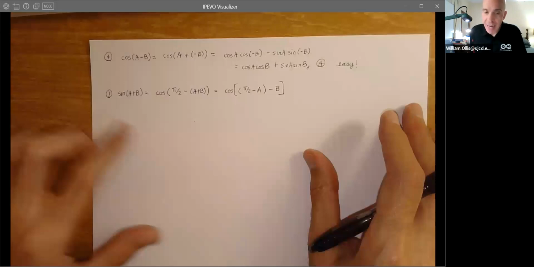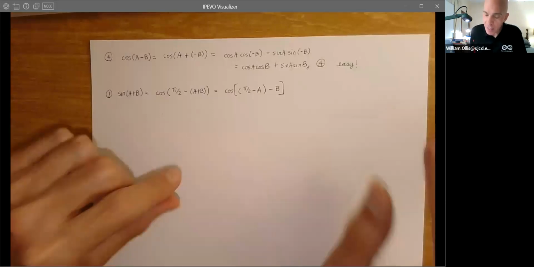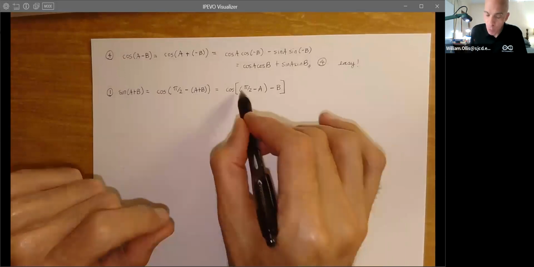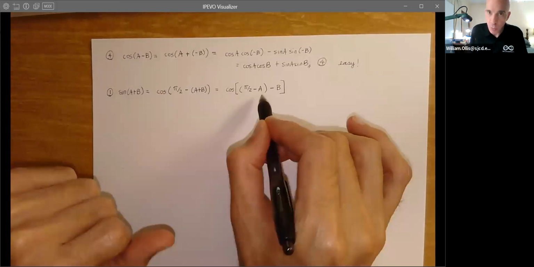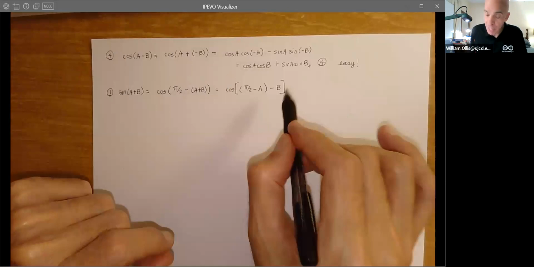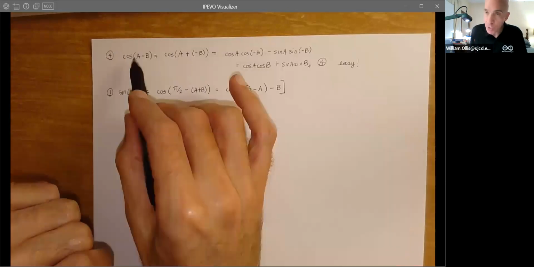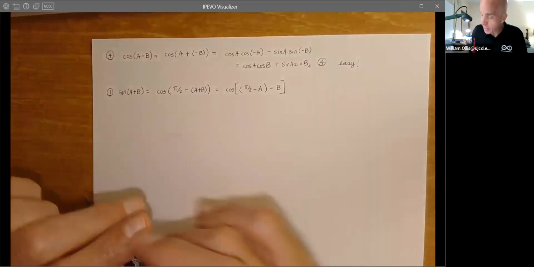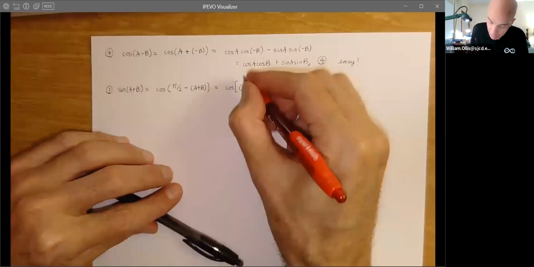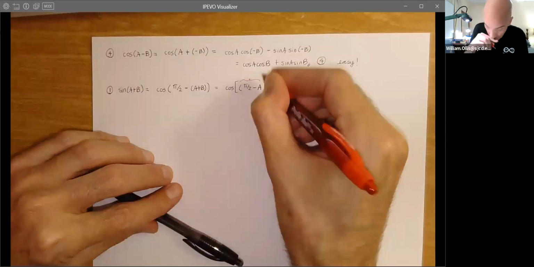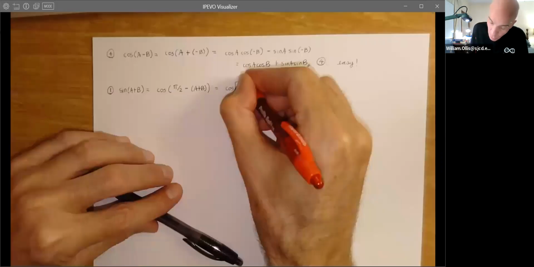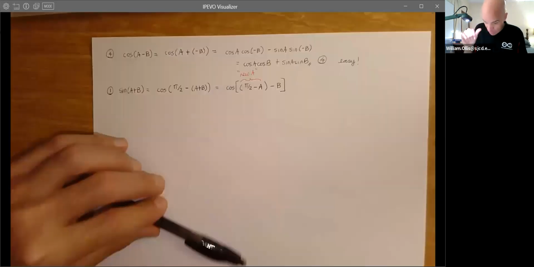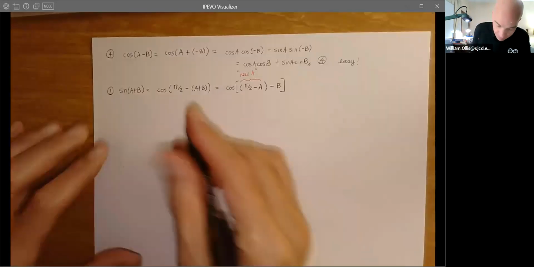So the idea here is that by using the cofunction, we have now transformed this to this one, where the B is B, but the new A is pi over 2 minus A. So this is what we call the new A, so to speak. That's the smoke and mirrors. This is the new A. So now let's substitute.